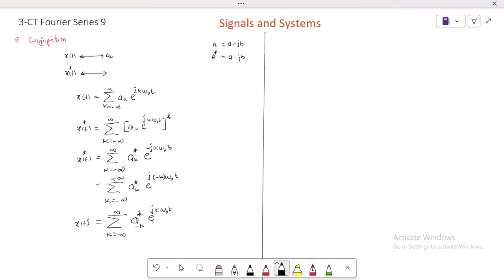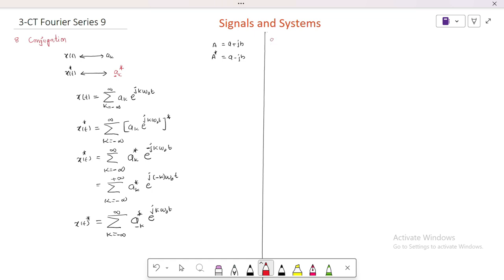So x of t complex conjugate has the Fourier series coefficient a minus k complex conjugate. So a_k becomes a minus k complex conjugate. So this is the property.